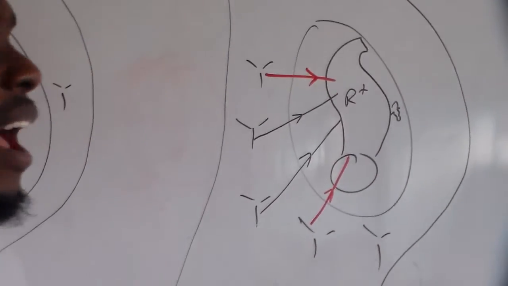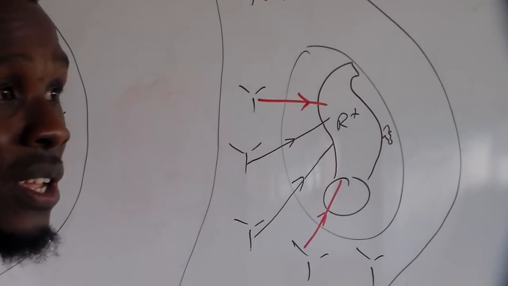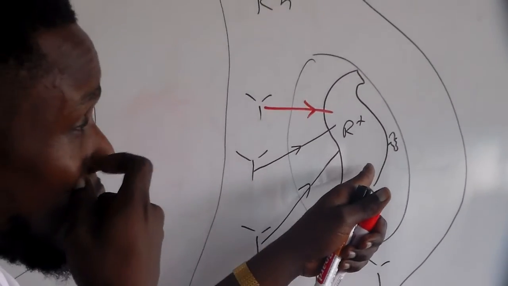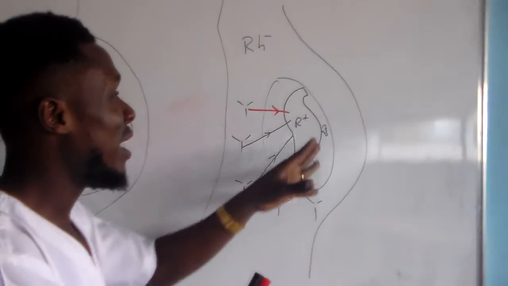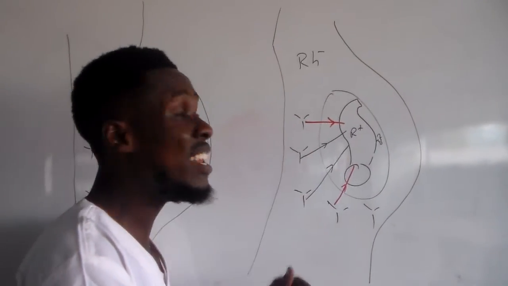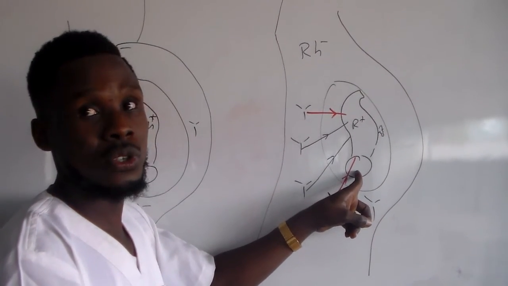Also, due to the excessive breakdown of the red blood cells, the hemoglobin that is being broken down has bilirubin as its end product. The bilirubin is toxic to the brain tissues.